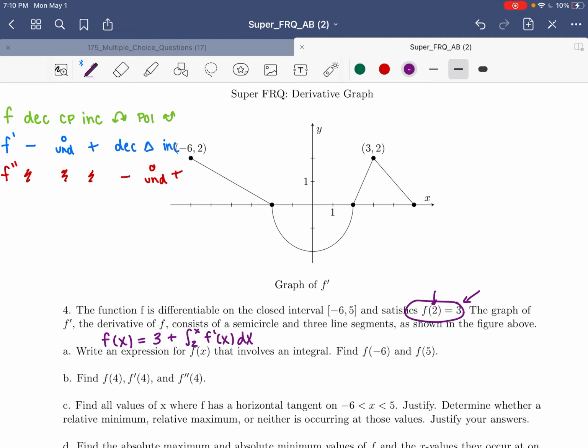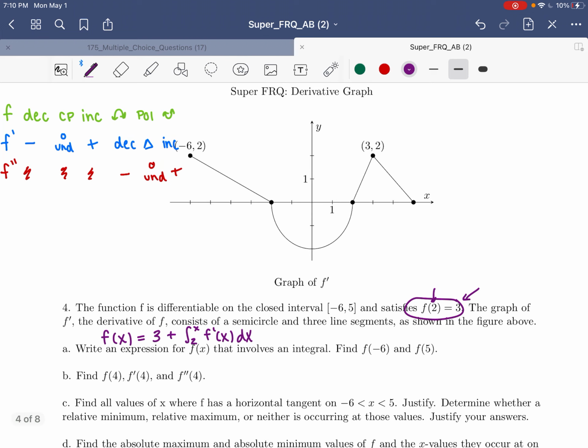All right, next we need to find f of -6. I'm literally going to plug it into that formula that we just made. You could also just use your first fundamental theorem of calculus. I'll change colors.